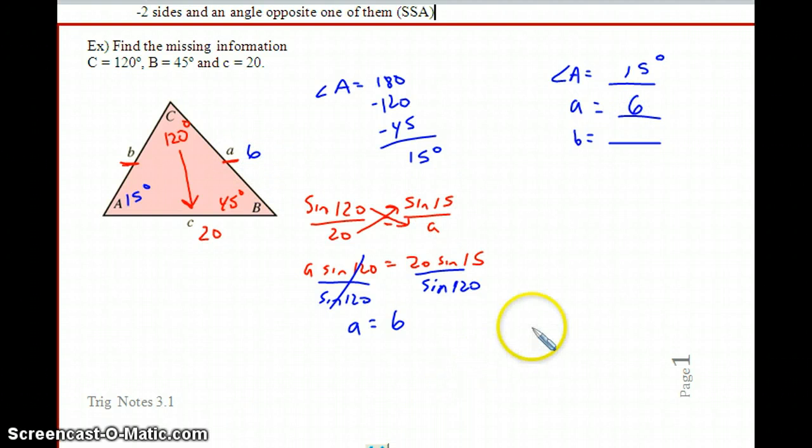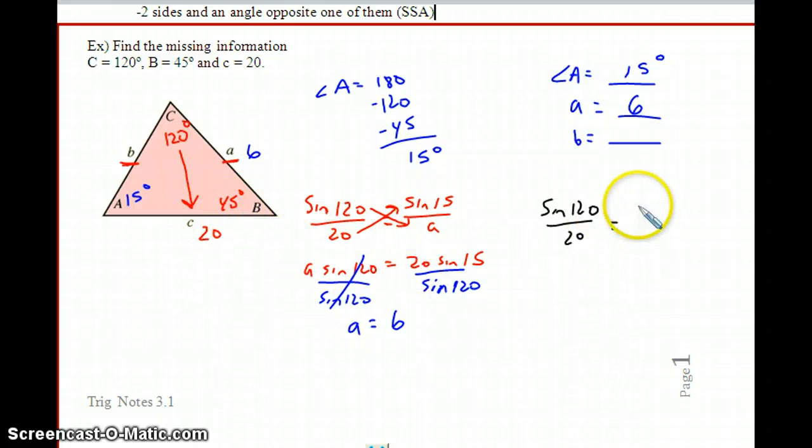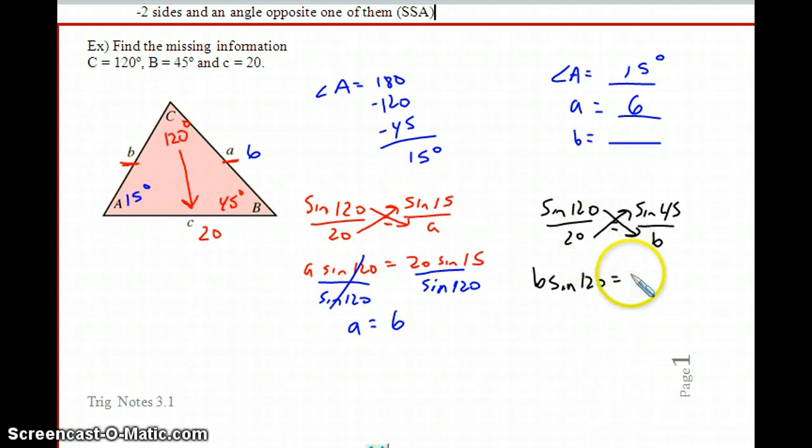Now let's find side b. So using the law of sines again, I'm going to stick with 120 and 20 because that was the information I was given. And this is a rounded answer again, so that's why I want to stick with the sine of 120 over 20 and set it equal now to the sine of 45 over side b. So when we cross multiply here, b sine of 120 would equal 20 times the sine of 45.